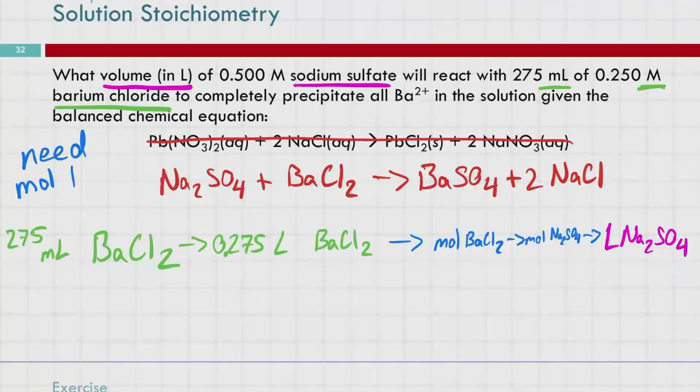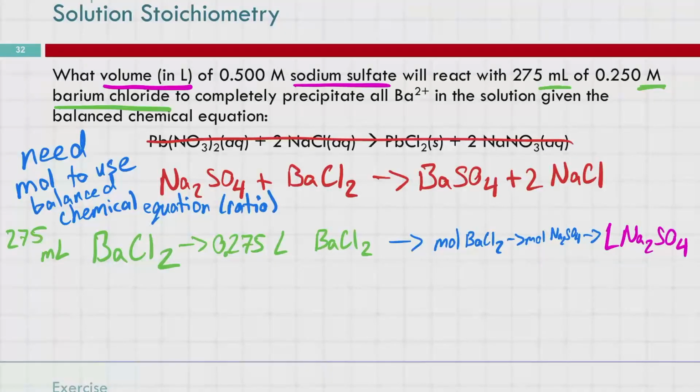We need moles to use the balanced chemical equation, aka ratio. Just as a reminder. Okay, so we've got our liters. We need to convert to moles. To convert from liters to moles, we've got molarity.